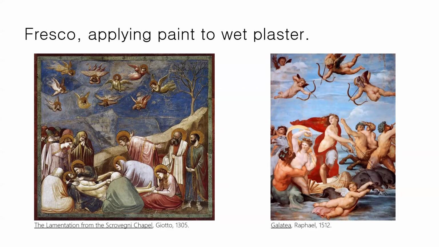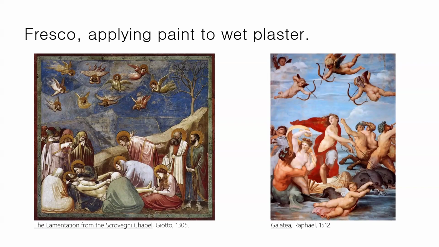And so in fresco painting, the plaster itself is the binder because the pigments soak into the plaster, coloring the plaster itself. So it's not just sitting on the surface. It actually soaks in. Sometimes it can soak in as deep as a 16th or an eighth of an inch into the wall, right?